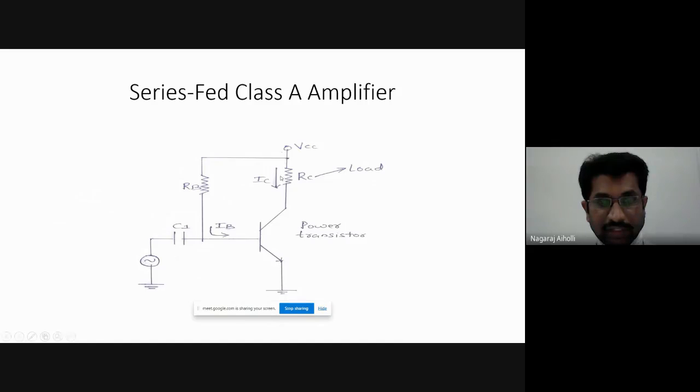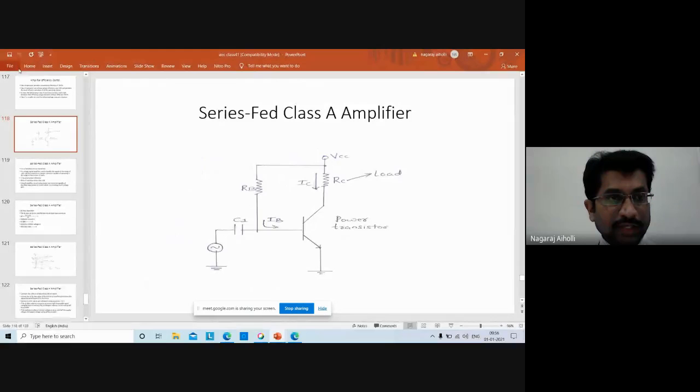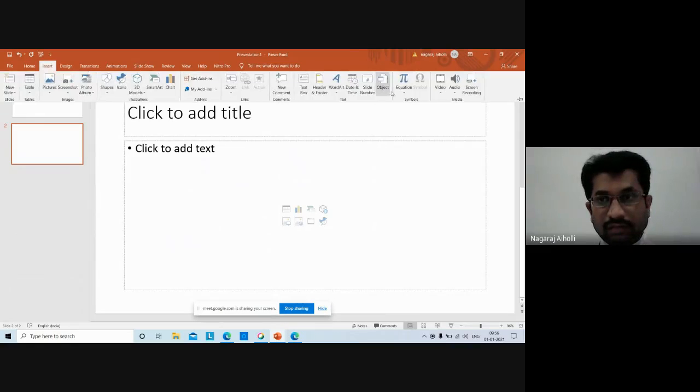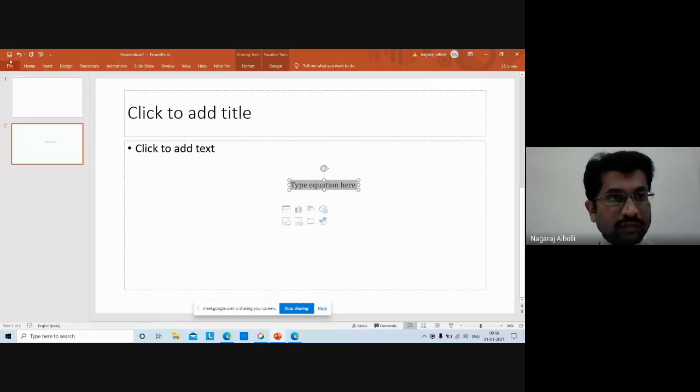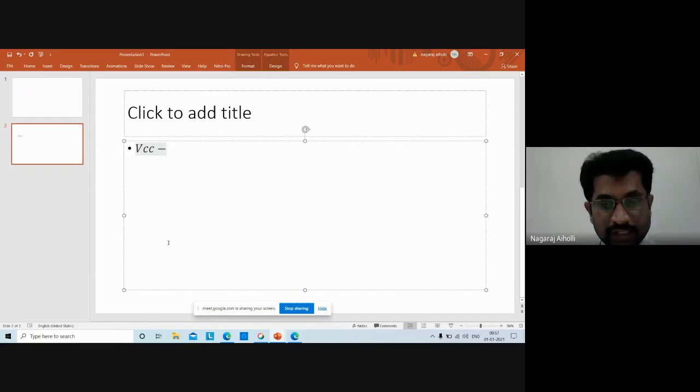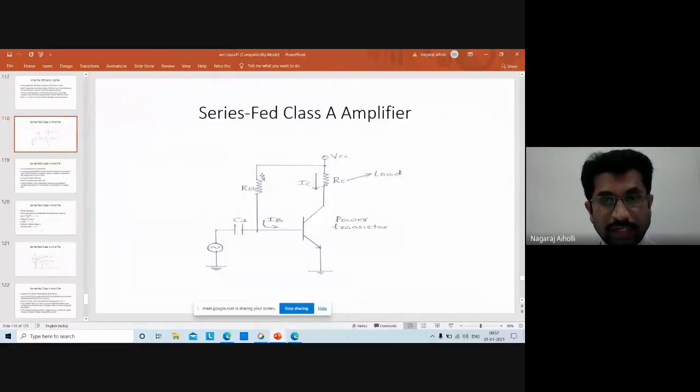Let us apply the KVL here. So the equation will be: VCC, the DC voltage, minus IBRB. It starts from VCC, and the current is flowing from positive to negative, which is a decrease in energy, so minus IBRB.